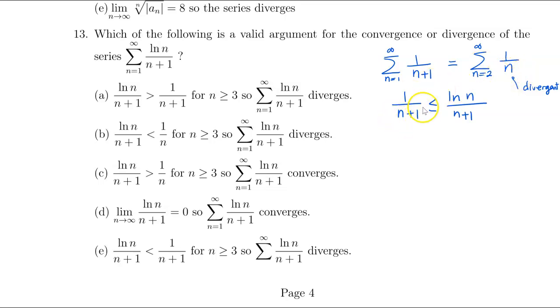So we're comparing it to a known series, and that known series is divergent, and that series is contained in the given series, then that series is divergent. So by the direct comparison test, the series is divergent.